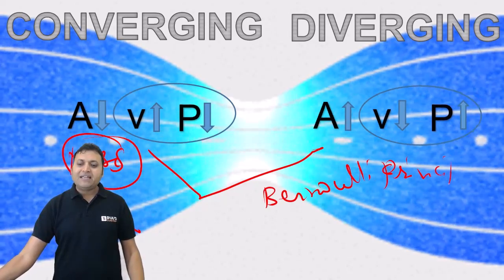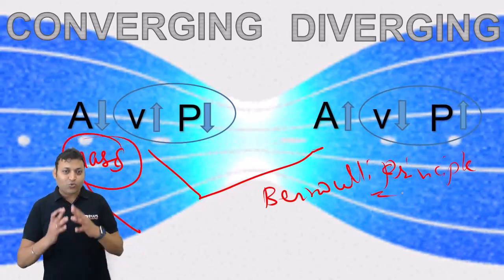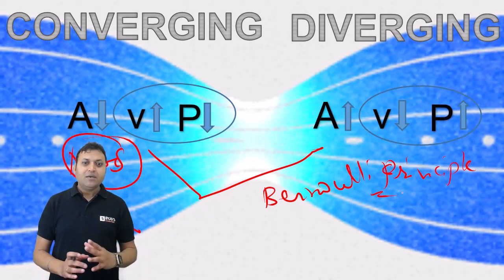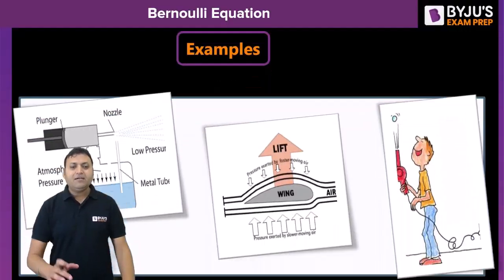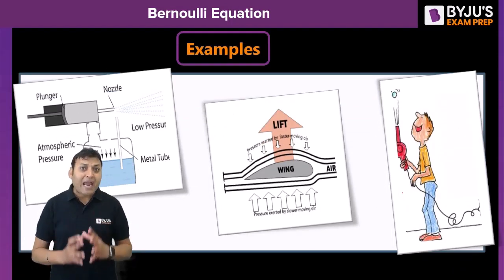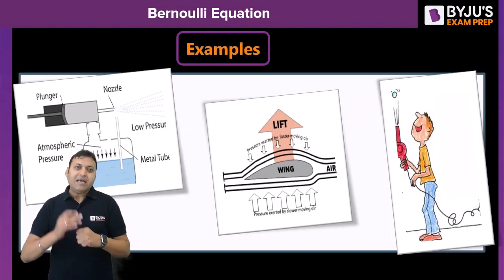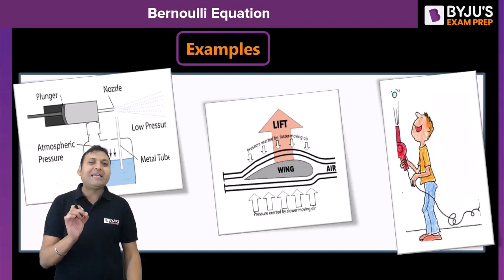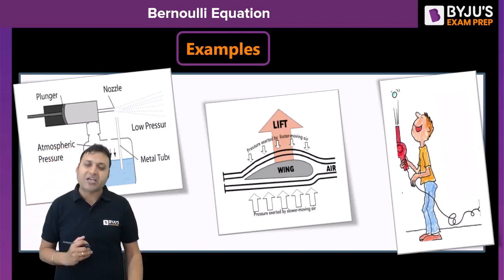We can apply this Bernoulli principle in many real life problems to analyze real life situations, which I have showed in the previous part of this session. For example, in a hand operated spray, if you push the plunger, the air velocity increases, and due to the increase in the velocity of air, there is a decrease in the air pressure.